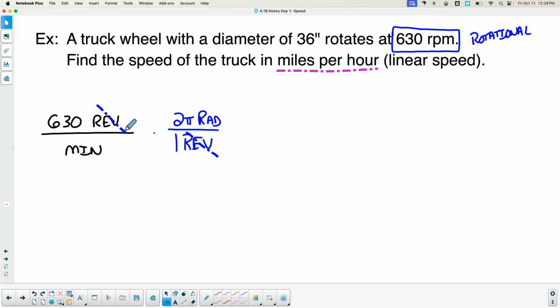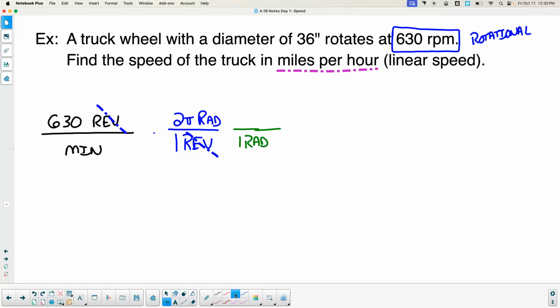Okay. 1 radian is how many inches? Or what is the radius of the truck tire? Ms. Bailey? 18.